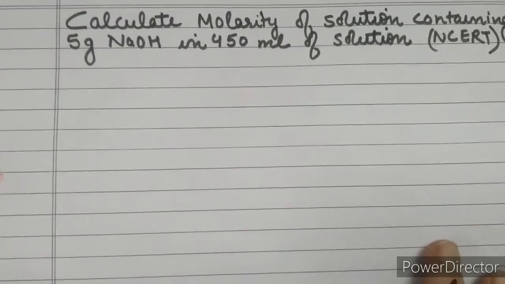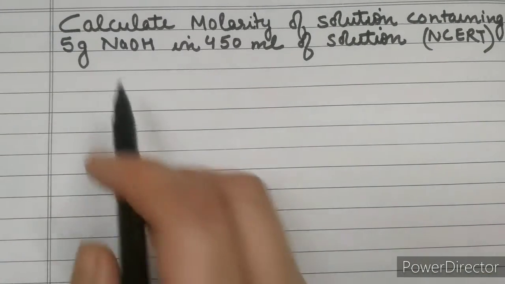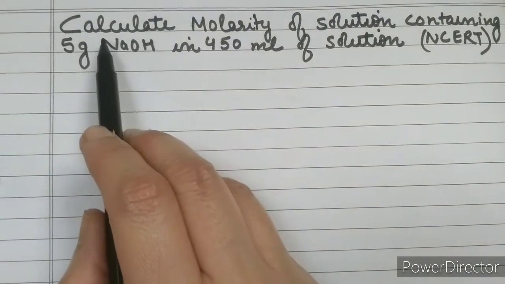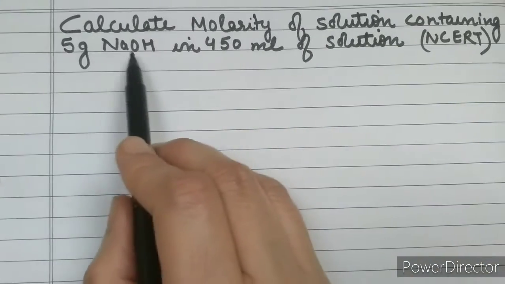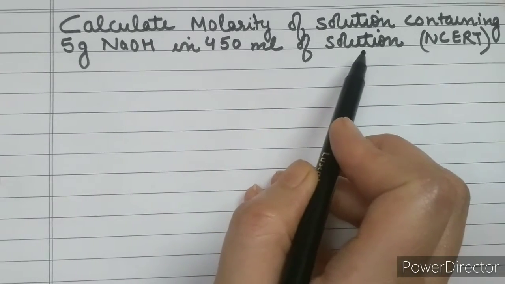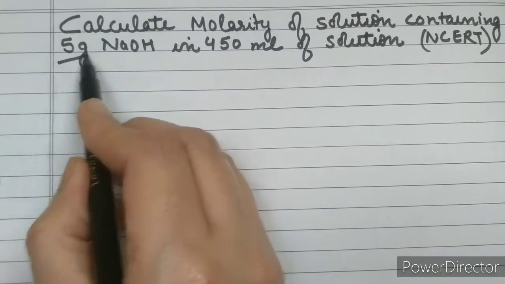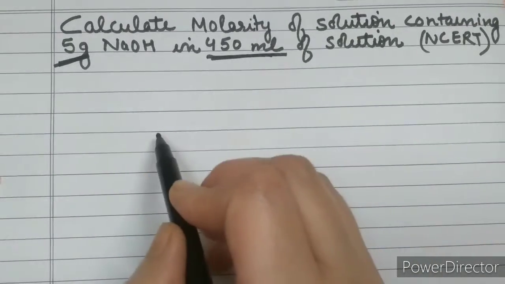Here we'll be solving a very simple NCERT question on molarity. The question is, calculate the molarity of a solution containing 5 grams of NaOH in 450 ml of solution. That means the mass of the solute is mentioned and the volume of solution is mentioned.